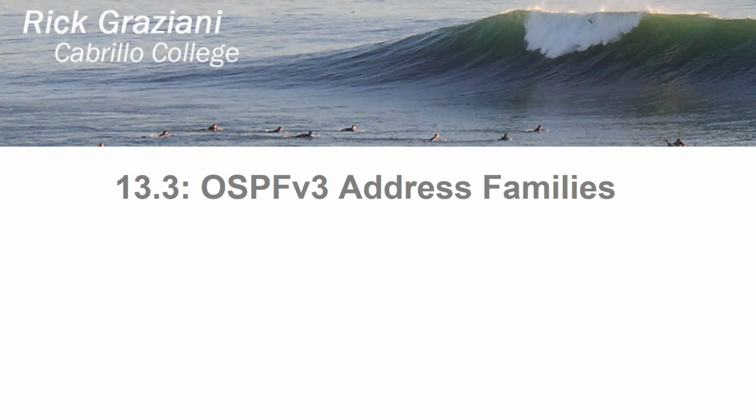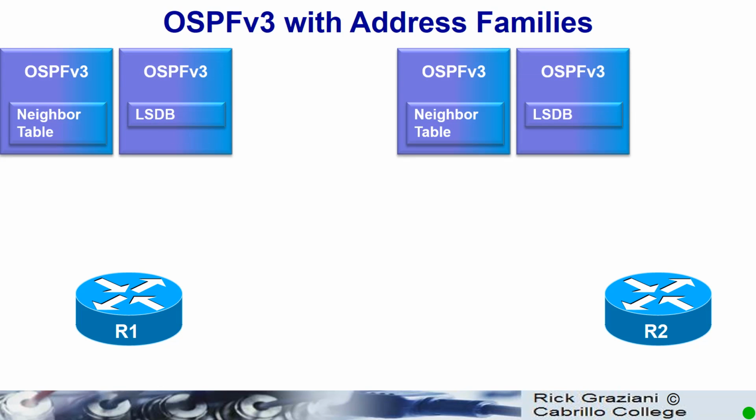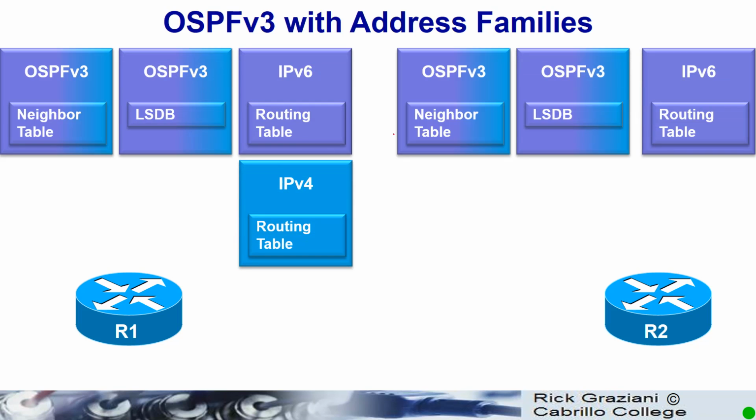So let's get into address families. Pretty similar to what we were doing in EIGRP, but with address families, again, we have our different routing tables for IPv6 and IPv4.